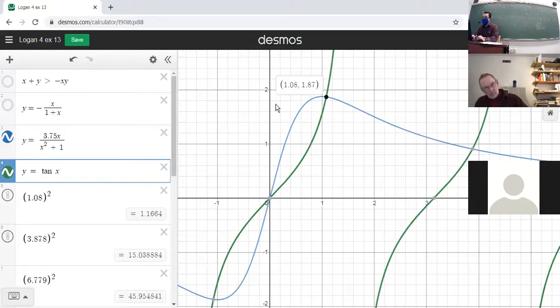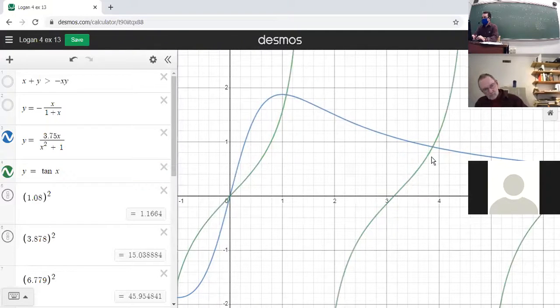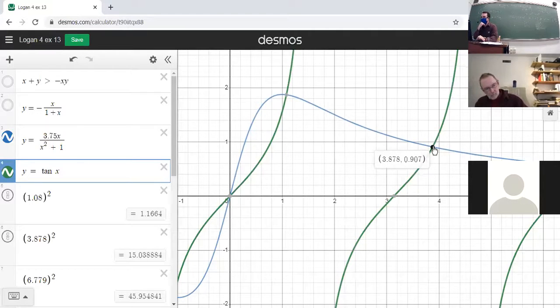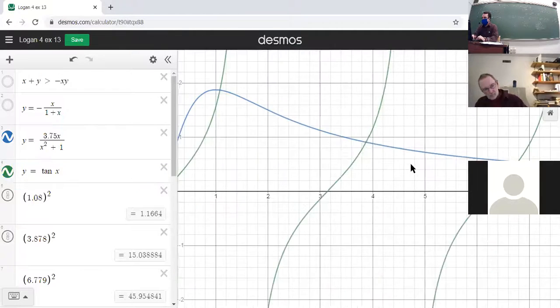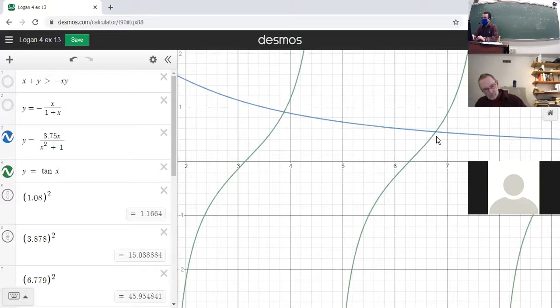So 1.08 squared would be lambda 1, and 1.08 would play the role of root lambda, or root lambda 1. The next intersection occurs at x equals 3.878, so lambda 2 is 3.878 squared. The next one occurs at 6.779 or thereabouts, and the square of that is lambda 3.